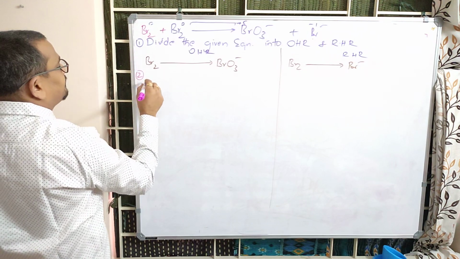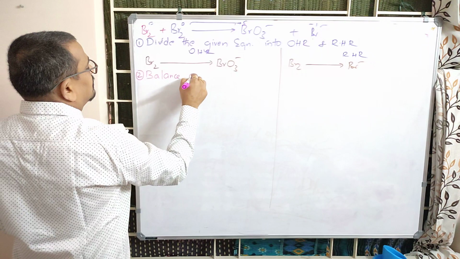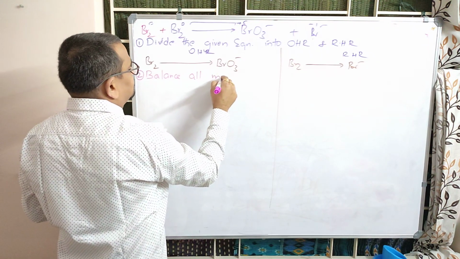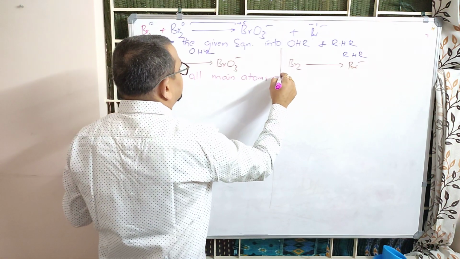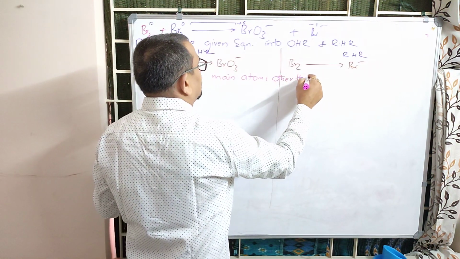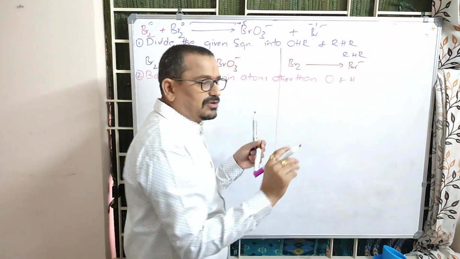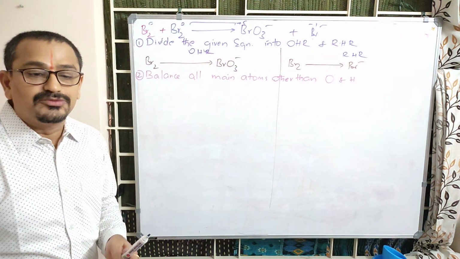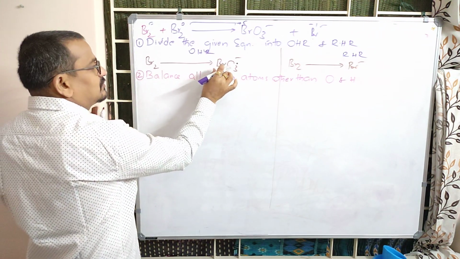Step 2 is balance all main atoms other than oxygen and hydrogen. Except oxygen and hydrogen, the rest all are to be balanced, right? Here 2 bromines are there, here only 1 bromine is there.